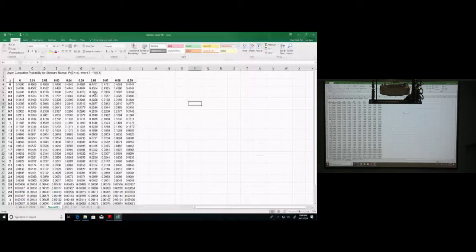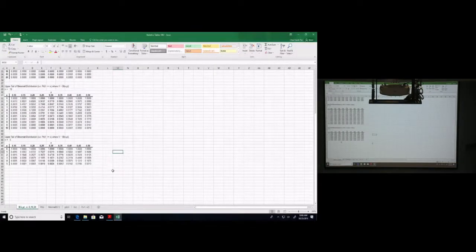If you click on some cells, they actually give you the formula for how this number is generated from the Excel function. So even if the table may not be of interest, it would be of interest to learn how to do it. And then this is the binomial sheet, and then this is for Poisson.